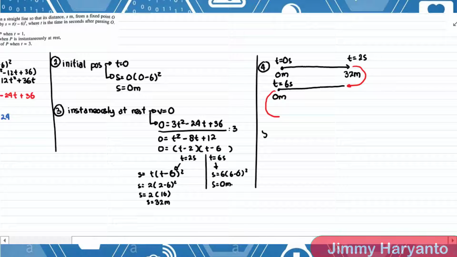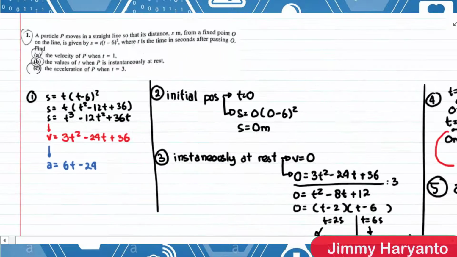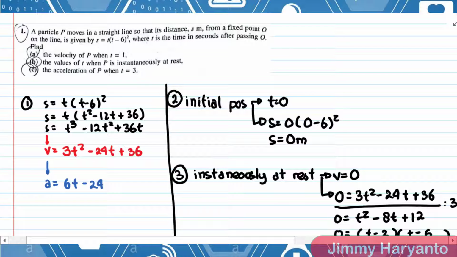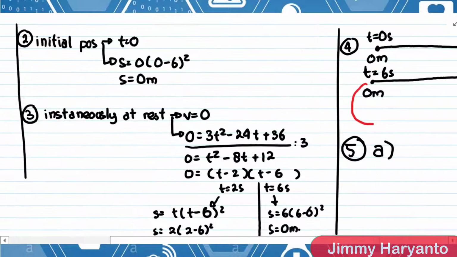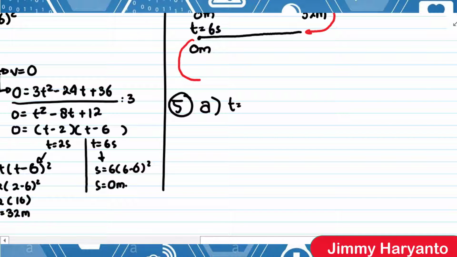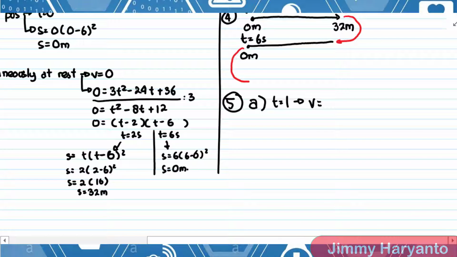Next is number 5, answering the questions. To answer the questions you have to read the questions, of course. The velocity of P when t equals 1. When t equals 1, the velocity of P will be v equals 3t squared minus 24t plus 36.